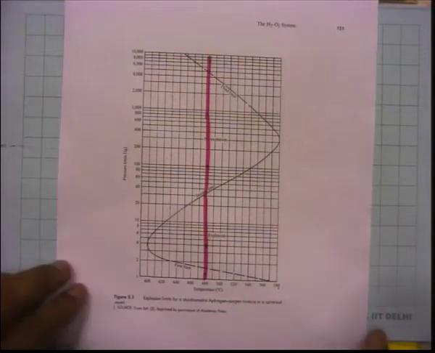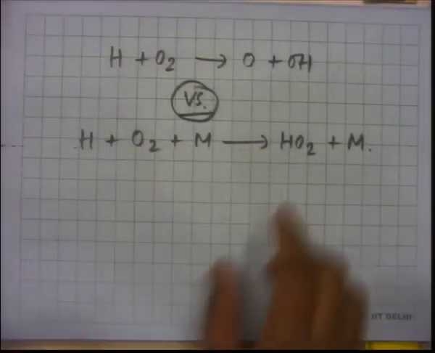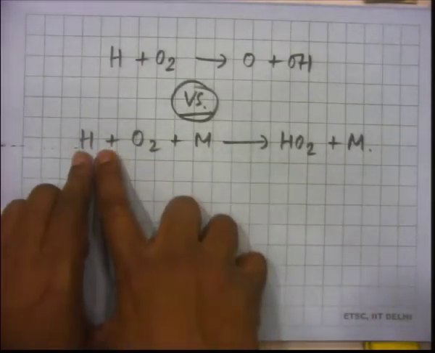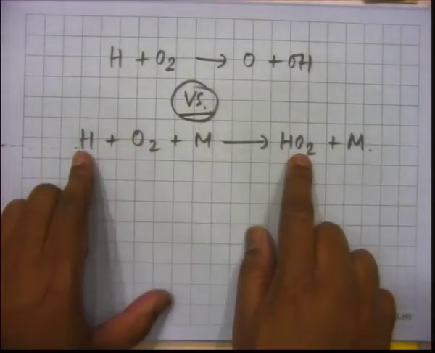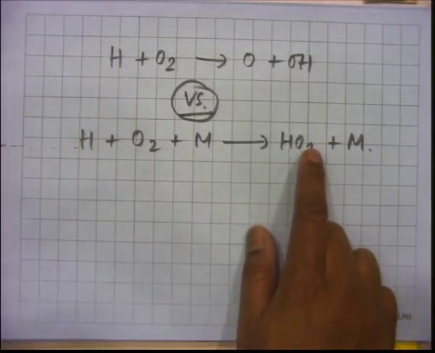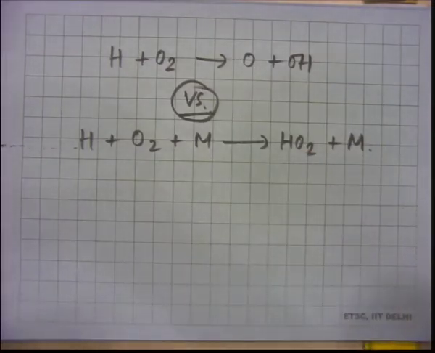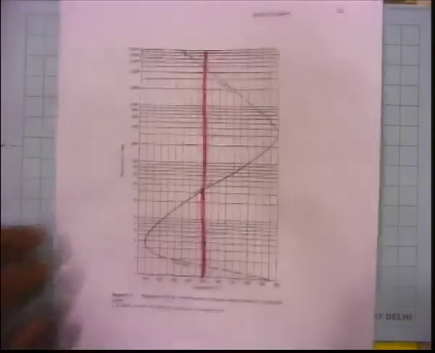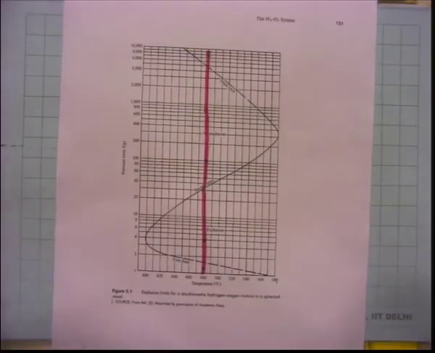So, even though this is still one radical on the left hand side and one radical on the right hand side, it is effectively like a termination reaction under the conditions that we have. So, it goes to the non explosive regime.